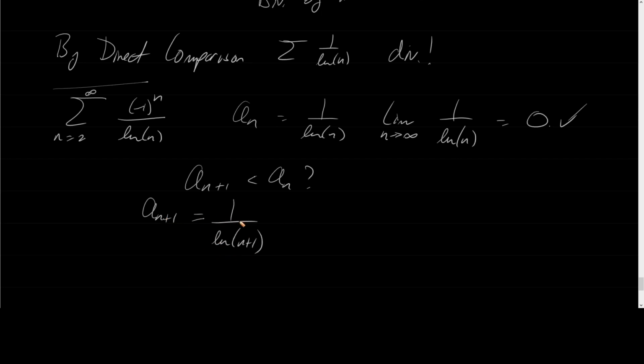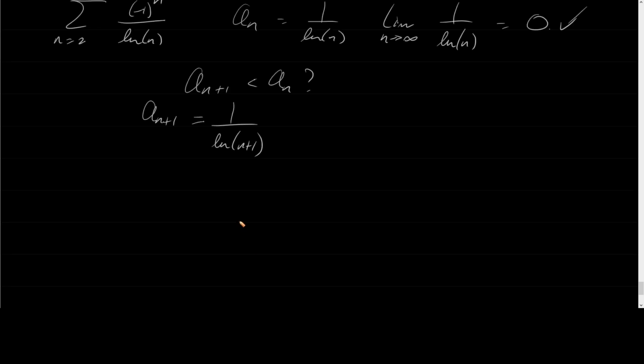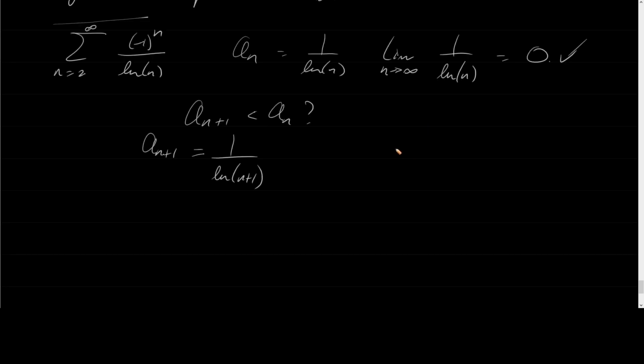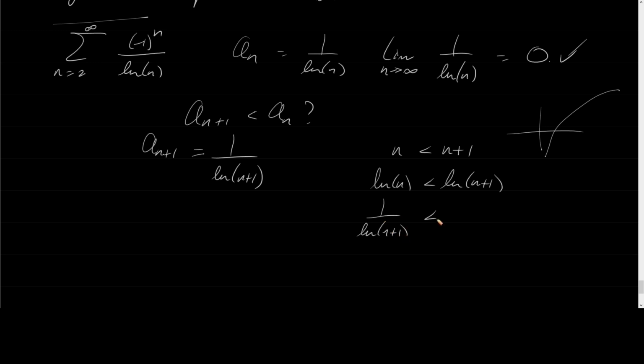Now let's compare that with our sequence. We know that n is definitely less than n plus 1, so ln of n is less than ln of n plus 1, right? If you think about ln, normally it looks like that, so it starts getting bigger and bigger like that. And if I do a cross division, I end up with 1 over ln of n plus 1 is less than 1 over ln of n, which is good.